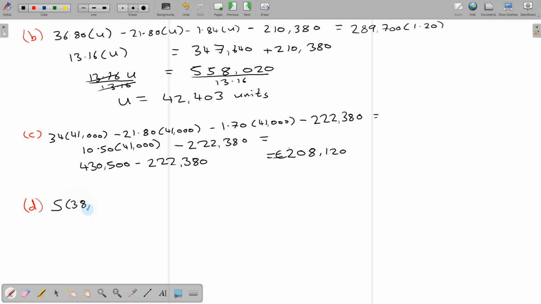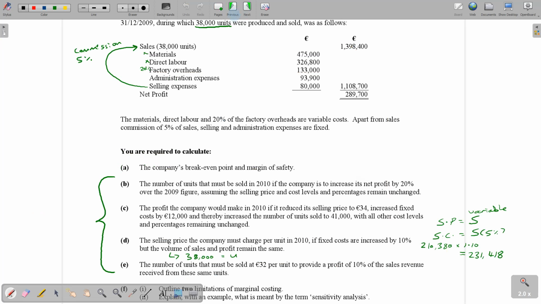I'm selling 38,000 units. My variable costs will not change. It's 5% of selling price at 38,000 units. The 231,418.